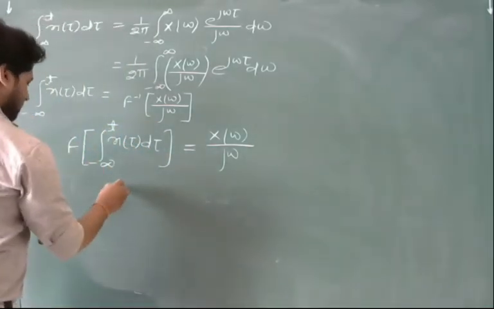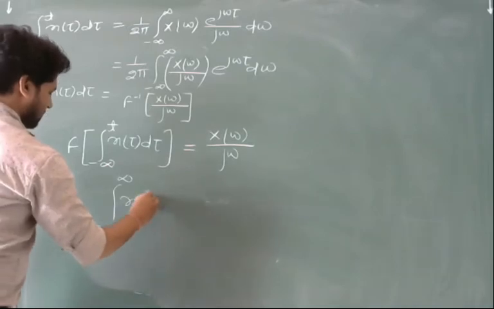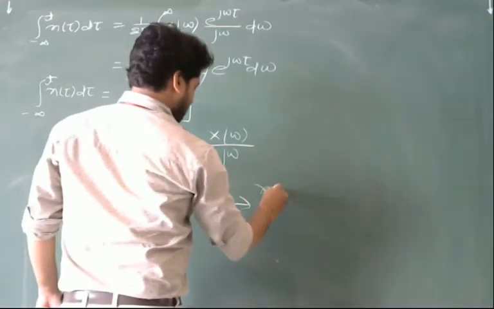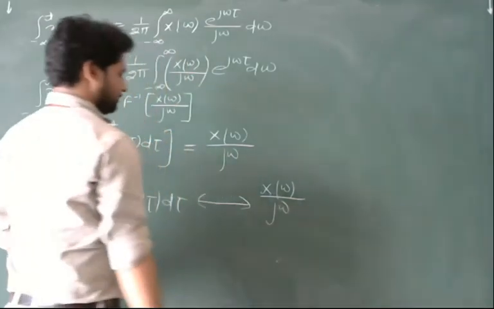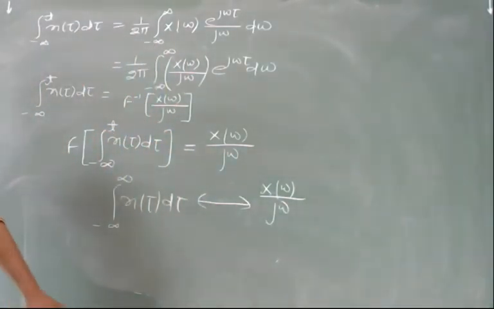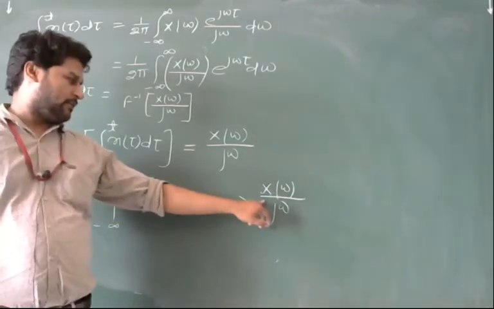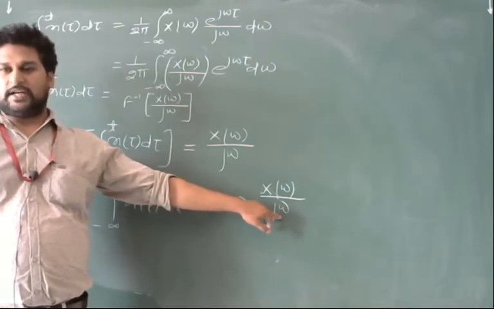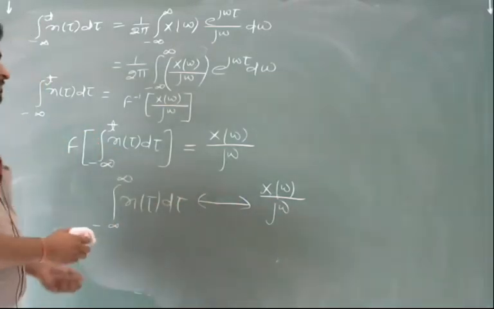Or I can write it as a Fourier transform pair: the integral of x(tau) d tau is capital X of omega by j omega. It means that integration in the time domain will lead to division in the frequency domain by j omega. This is what the time integration property of the Fourier transform states.